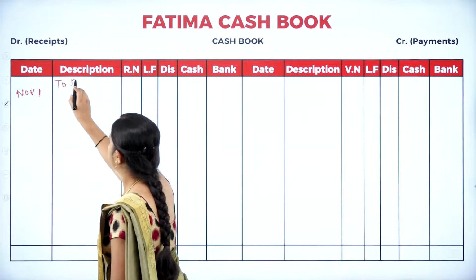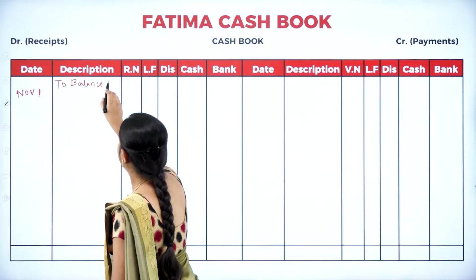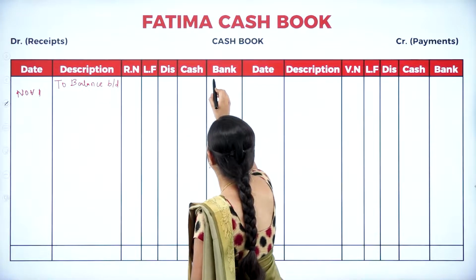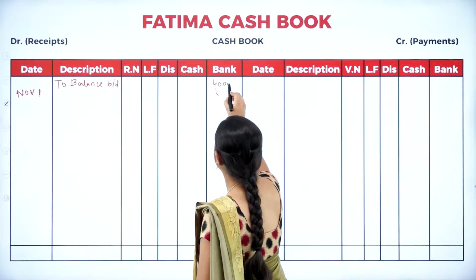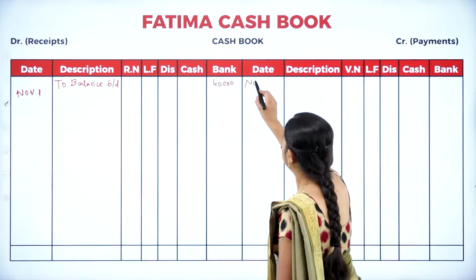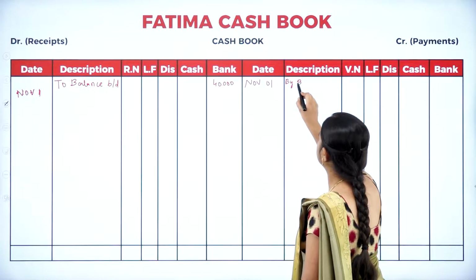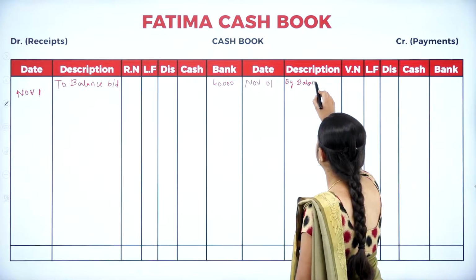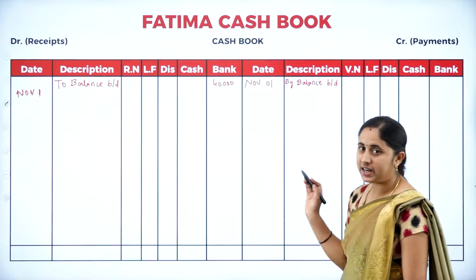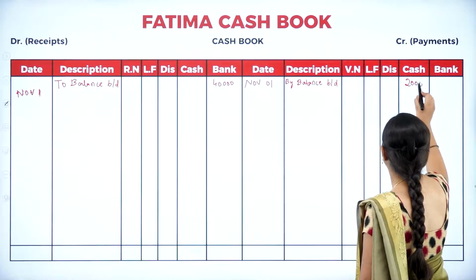To balance brought down, bank column 40,000. Again on the same date, November 1st, by balance brought down, cash balance shows credit side. So, write in the credit side cash rupees 2000.